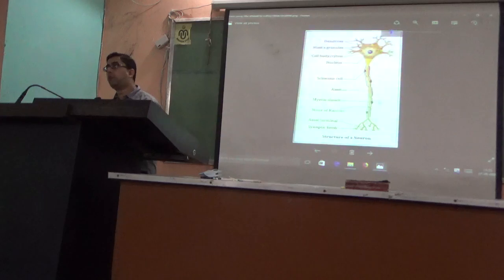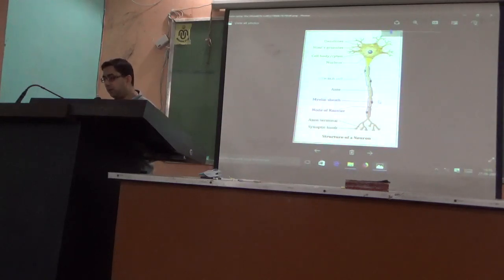What is soma? Soma basically is the cell body, which includes the nucleus and the cytoplasm. The nucleus contains a centrally placed or eccentrically placed nucleolus. The cytoplasm of the soma, that is the cell body of the neuron, contains endoplasmic reticulum, mitochondria, a prominent Golgi apparatus, and cytoskeletal elements called neurofilaments, which include microtubules and microfilaments.